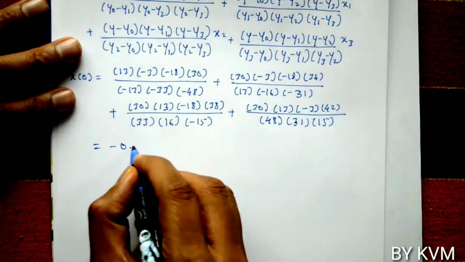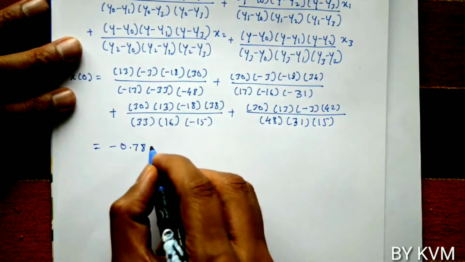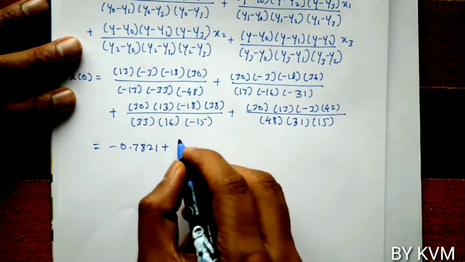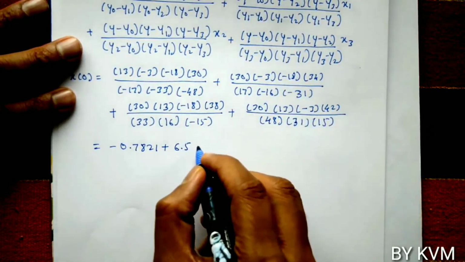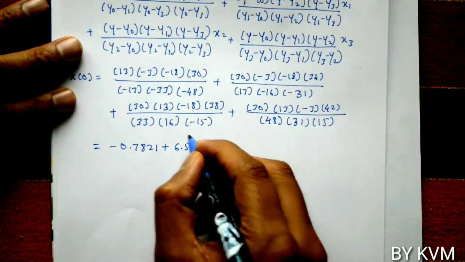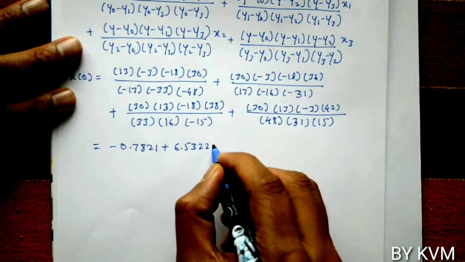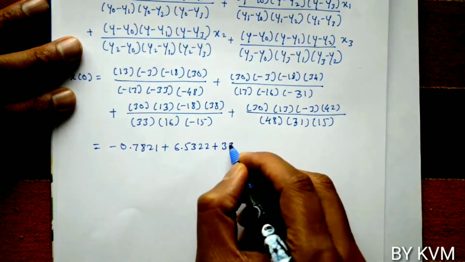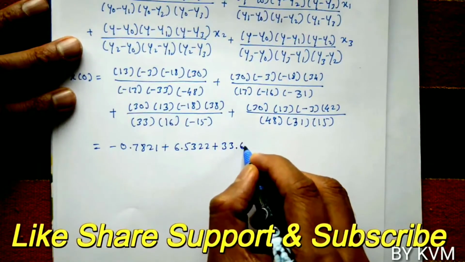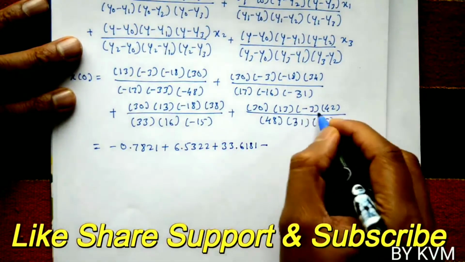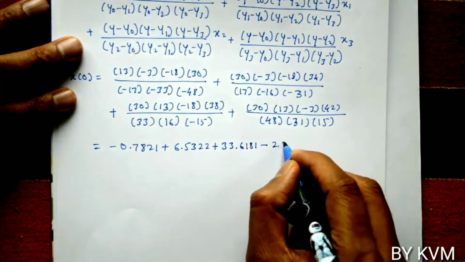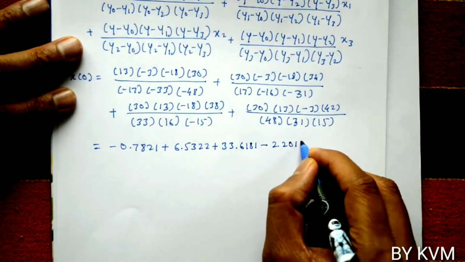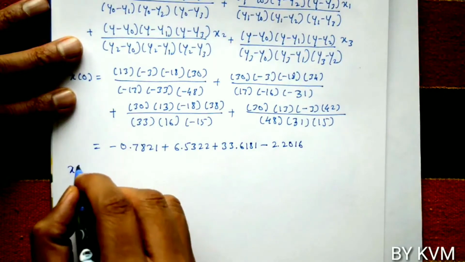Now you have to simplify each term separately. We get -0.7821 from the first term. After simplifying the second term, we get 6.5322. Simplifying the third term, we get 33.6181. Then simplifying the fourth term, we get -2.2016.